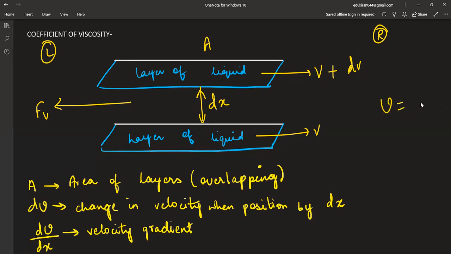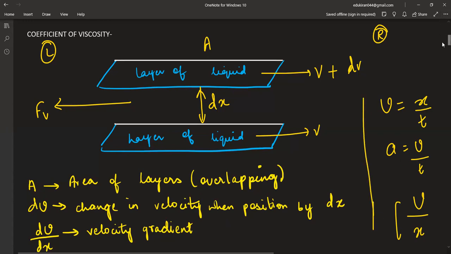Like in velocity, we say rate of change of displacement, because it is displacement by time. Or we say acceleration is the rate of change of velocity, because it is velocity by time. But if the same thing is getting divided by position, that is x, we call it a gradient. So here velocity getting divided by position, this is known as the velocity gradient.